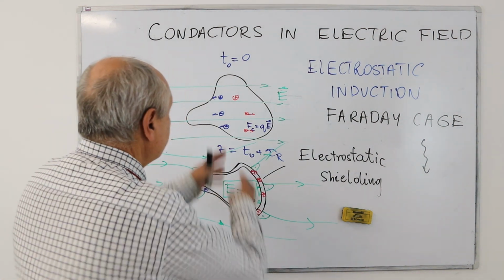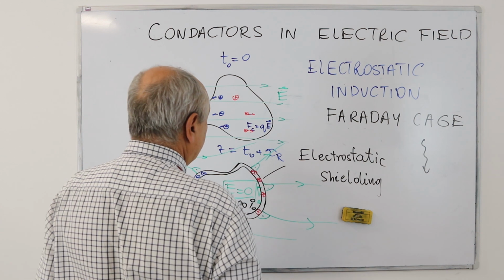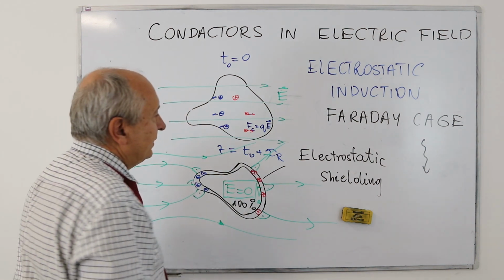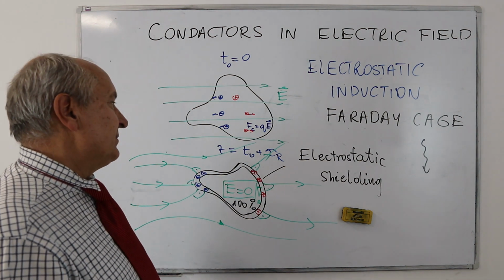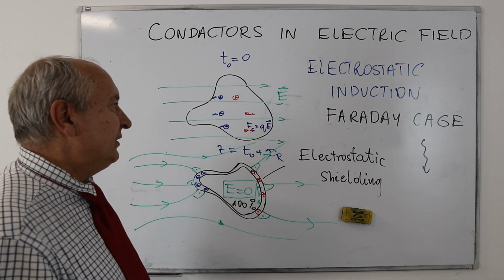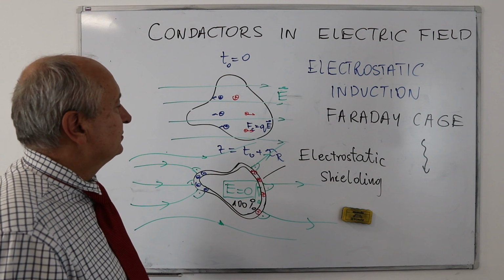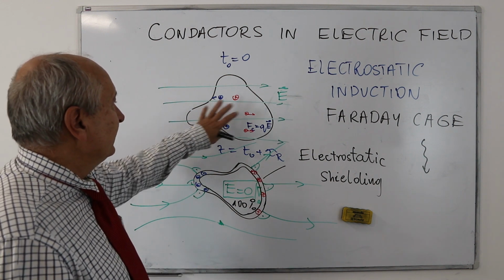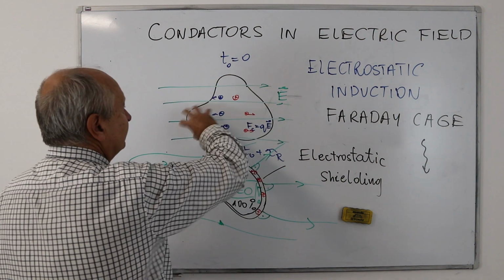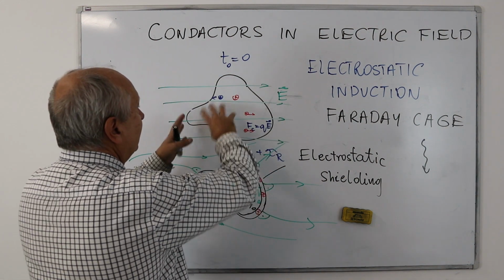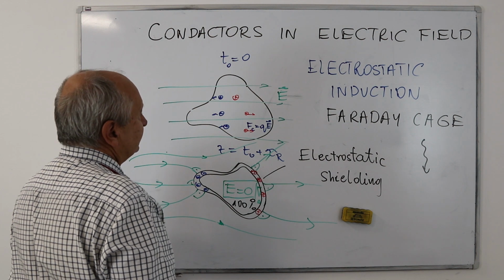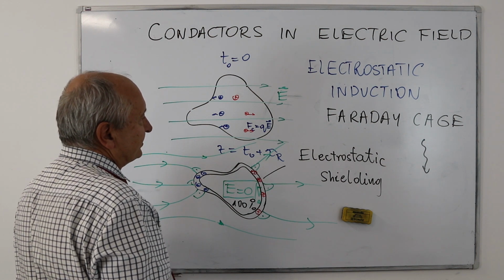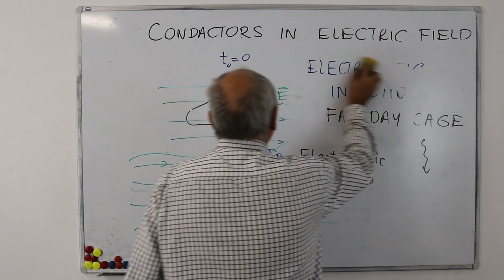And now, what will be the distribution of the charges on the surface? Because all charges go to the surface of a conductor. Let's make an experiment to find a relationship between the shape of the conductor and the surface density of charges on this conductor.